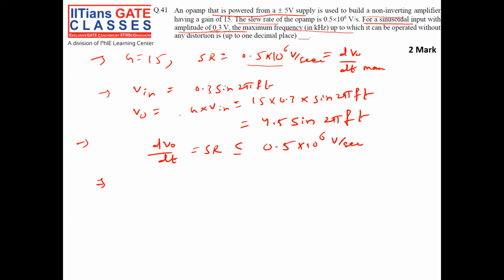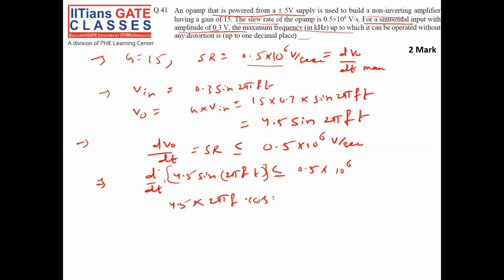So what is dV_o/dt? It is d/dt of 4.5 sin(2πft), which should be less than or equal to 0.5 × 10^6. So 4.5 × 2πf × cos(2πft) is less than or equal to 0.5 × 10^6.